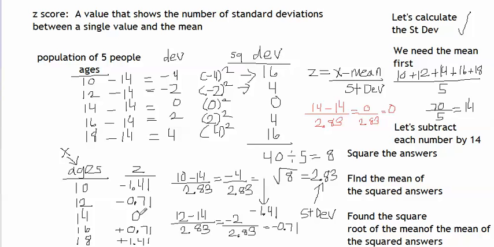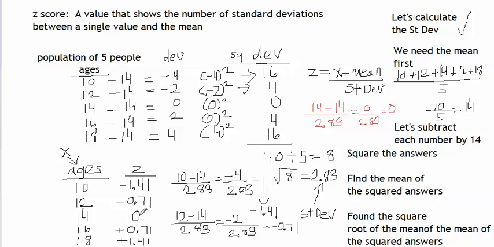What if the standard deviation was, instead of being 2.83, what if it was just the whole number 2? Then this one, 10, you think about 10 and 14. How many multiples of 2 is that? It's 2 multiples of 2. So if the standard deviation was just 2, then this would be a negative 2. This would be a negative 1.